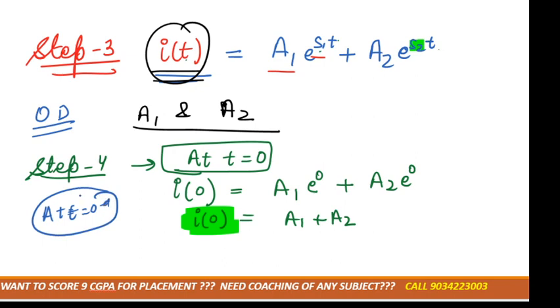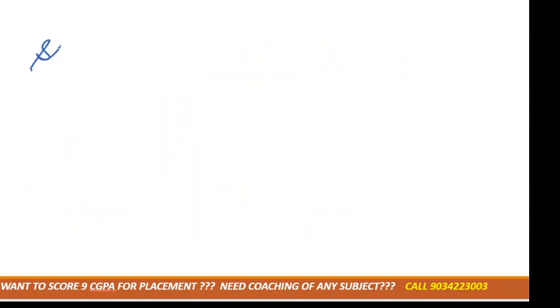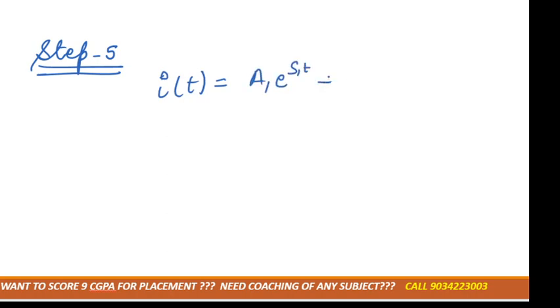Step number 4 clear. Now from this we'll get one single equation for the calculation of a1 and a2. We need one more equation now to solve it. For this we have to follow step number 5. Step number 5 is differentiate the existing equation. Like our equation is a1 e raised to power s1t plus a2 e raised to power s2t, right?